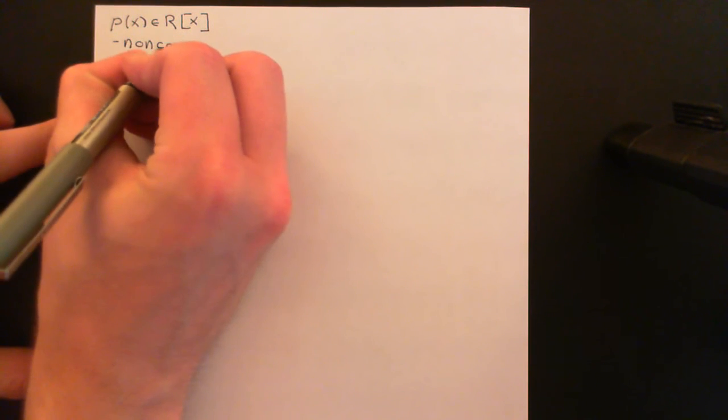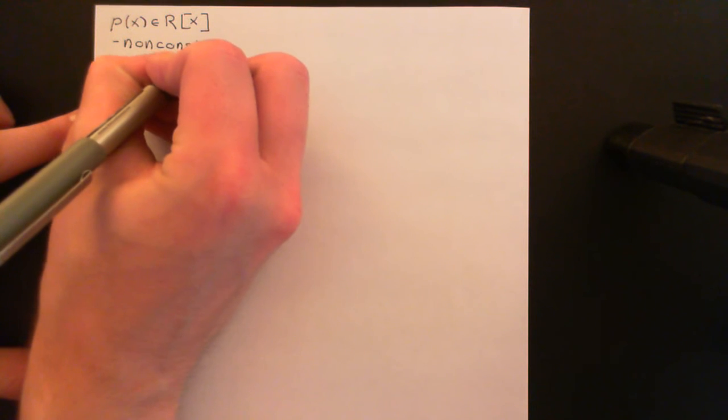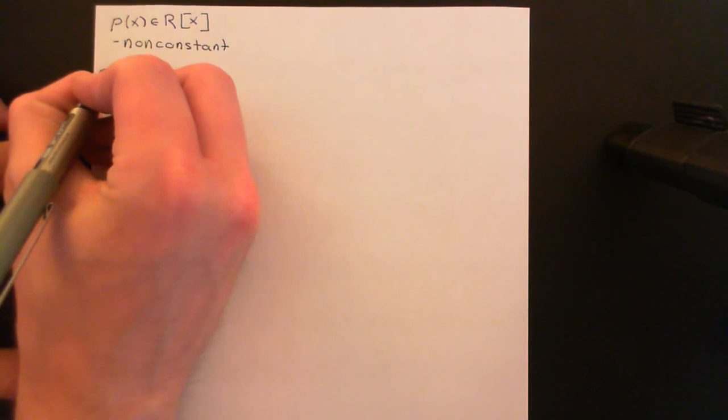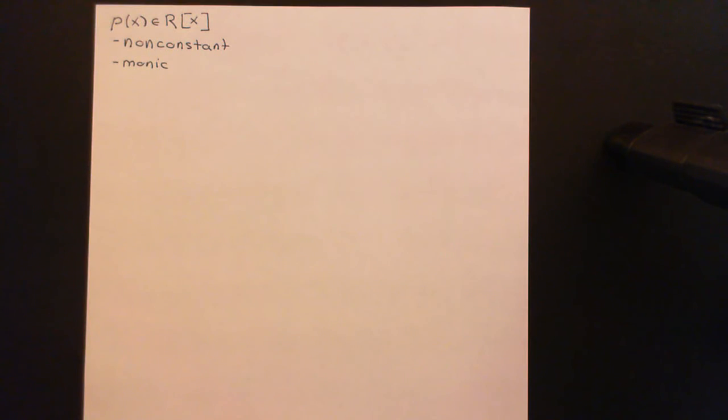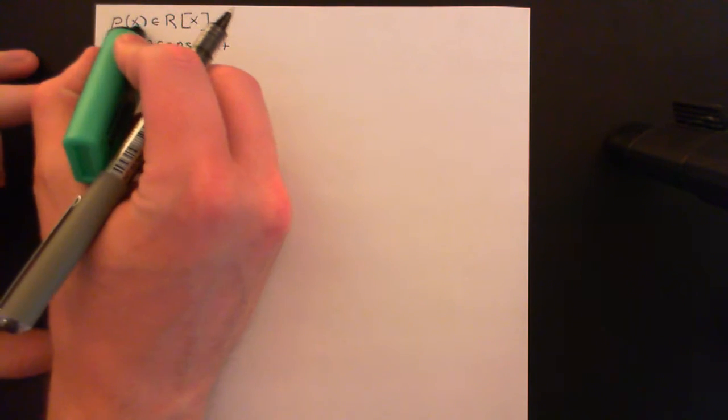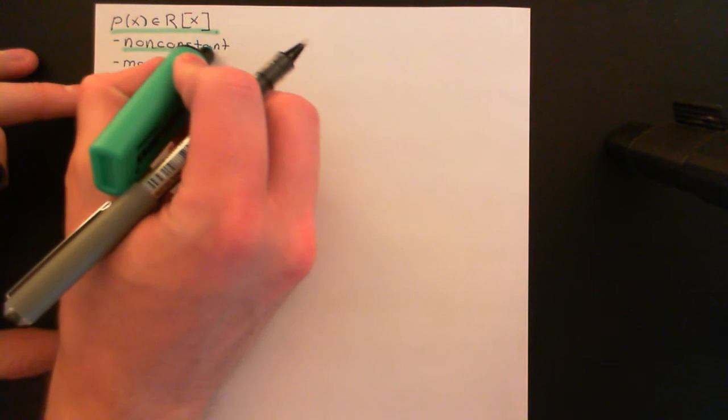Firstly, it is non-constant, and in addition it must be a monic polynomial, i.e. the leading coefficient is 1. If it obeys those two criteria, we can apply Eisenstein's criterion to it.